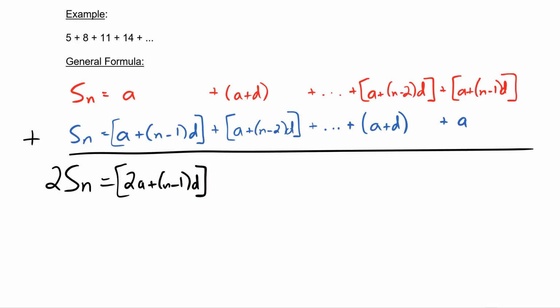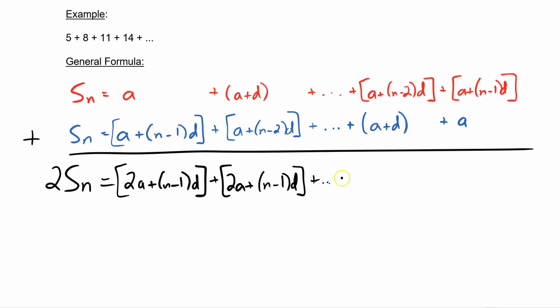Now doing the same thing for the next set, a plus d plus a plus n minus 2 times d, when I add that up, again what I will get is 2a plus, now this time d plus n minus 2 times d will give me n minus 1 times d, because I'm adding 1d to n minus 2, so I get n minus 1.